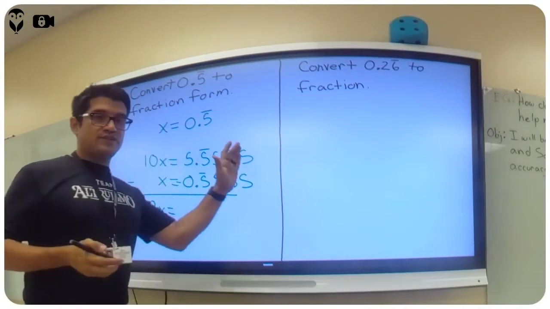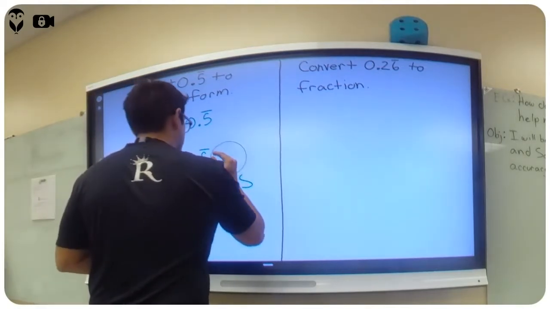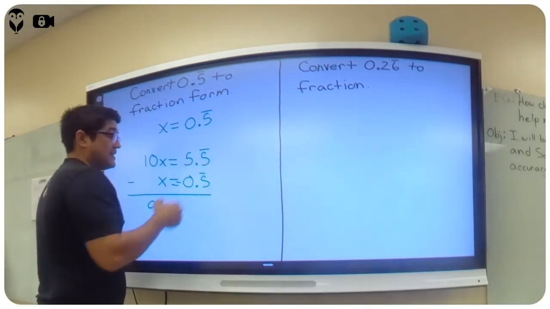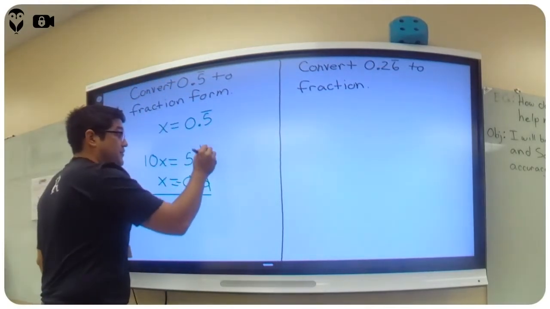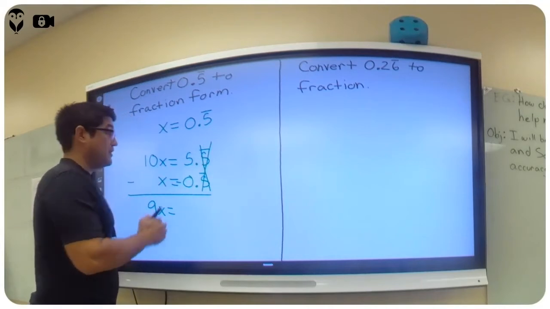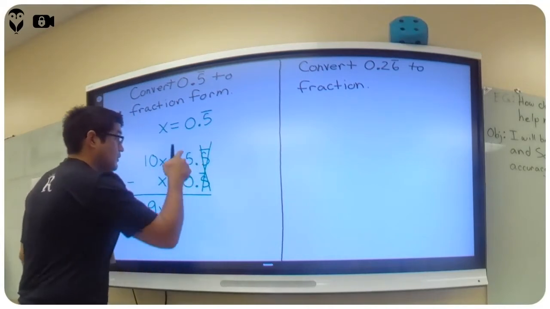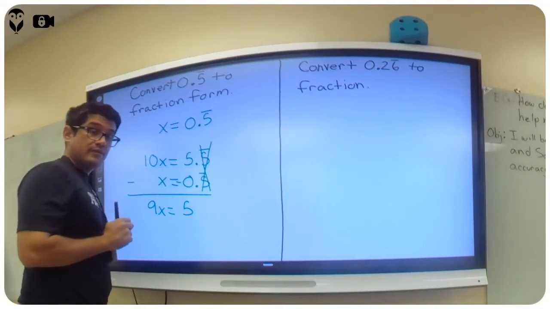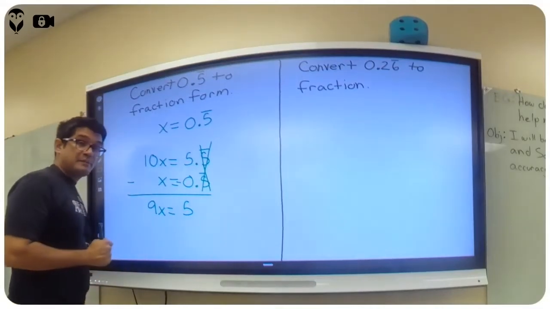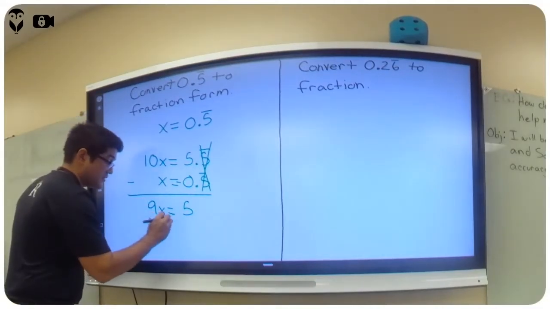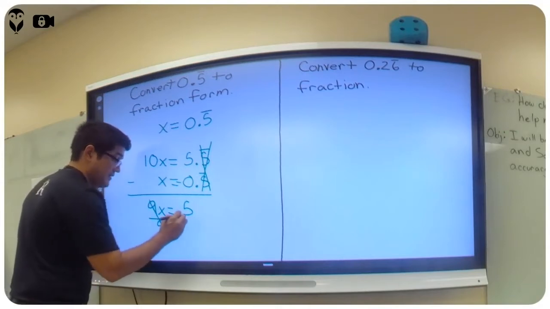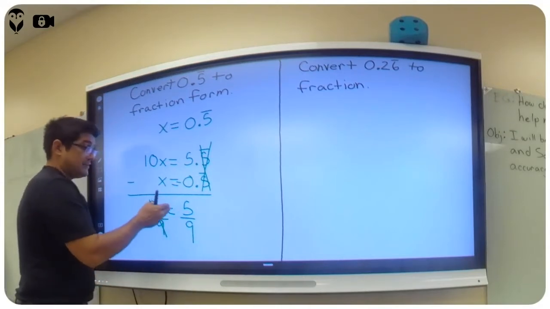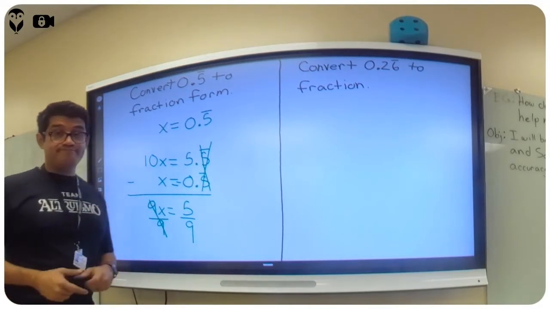So what you just did with this step is you've gotten rid of the repeated decimal. Now you're just left with 5 minus 0, which is just 5. Then, how do you leave the x by itself? You do the opposite, which it's multiplying by 9, so I'm going to divide. And x equals 5 over 9.